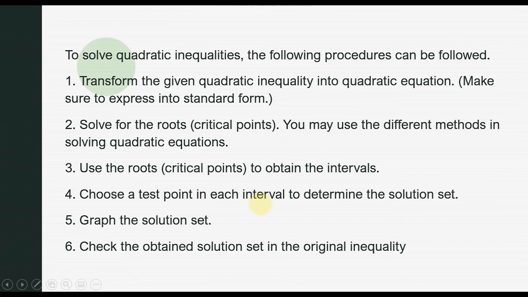Of course, you will obtain 3 intervals every time you do this process. And then graph the solution set, depending on the inequality, if you're going to use a hollow or solid circle. And of course, don't forget to highlight those lines that satisfy the solution set. And lastly, check the obtained solution set in the original inequality.